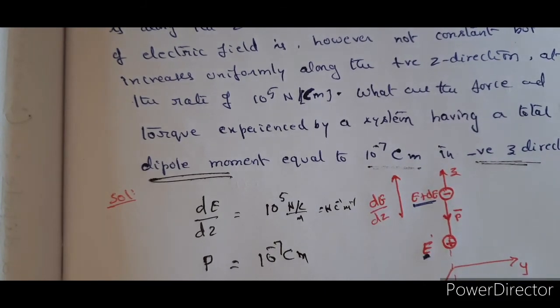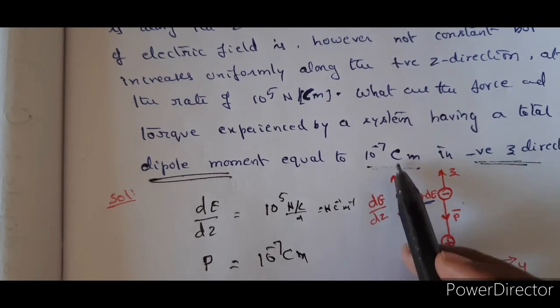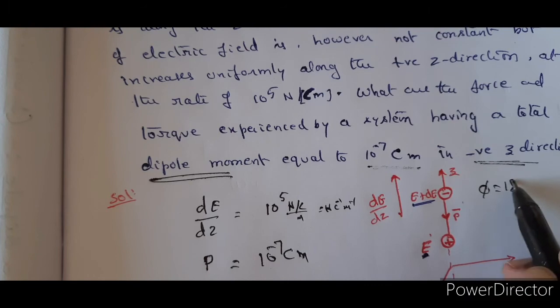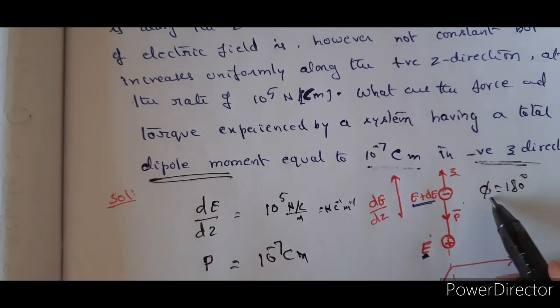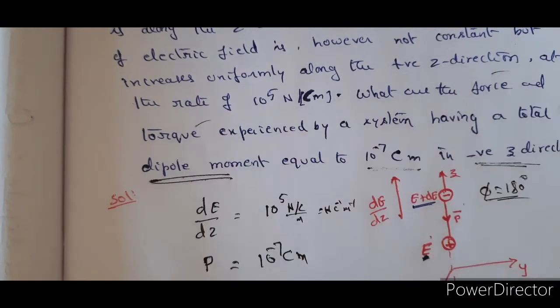No other angle is given. Dipole moment is in the negative z direction and E is in the positive z direction, so phi is equal to 180 degrees. Clear? You have to find the force and torque.